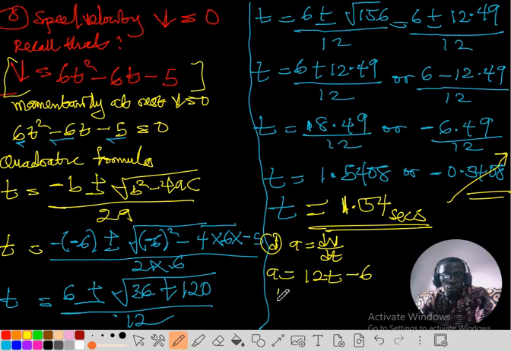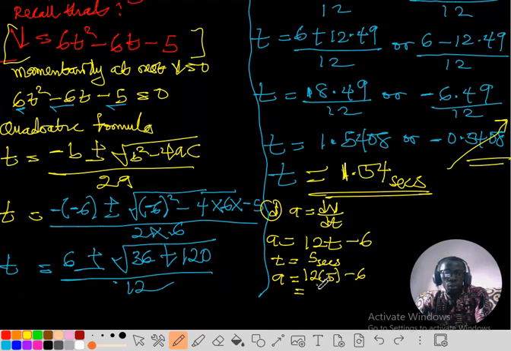Then we have to look for acceleration when t equals 5 seconds, meaning anywhere you see t here, replace it with 5. So acceleration is going to be 12 times 5 minus 6. 12 times 5 will give us 60. 60 minus 6 gives 54, and acceleration is in meters per second squared.